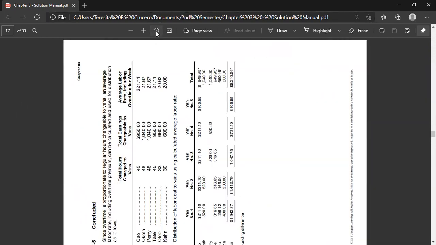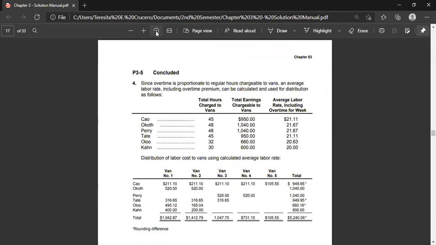Determine the dollar amount of labor that's chargeable to each van, assuming that the overtime costs are proportionate to the regular hours used on the vans. First, compute an average labor rate for each worker, including overtime premium, and then use that rate to charge all workers' hours to vans.